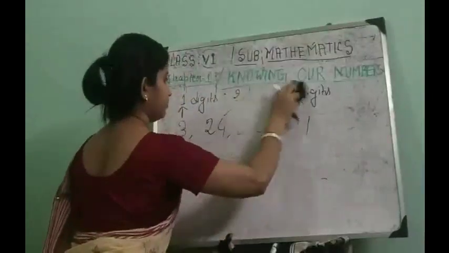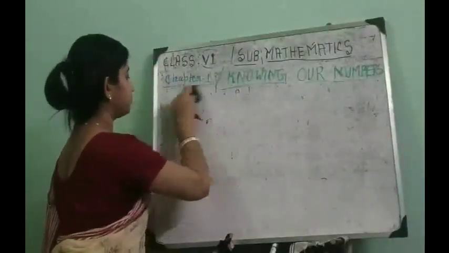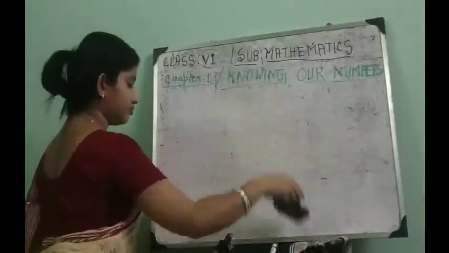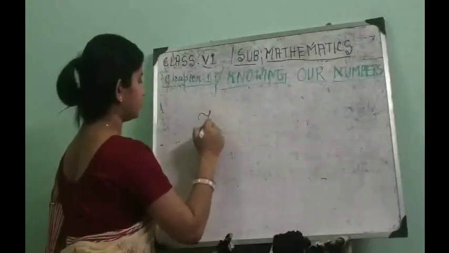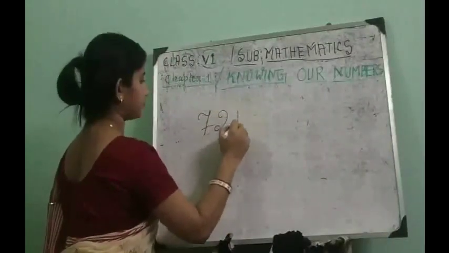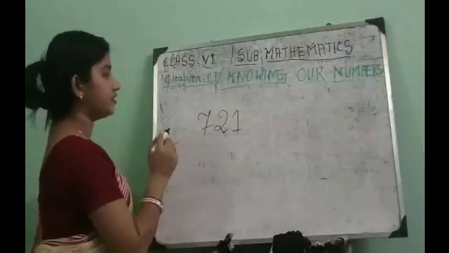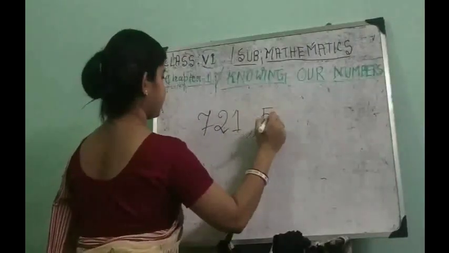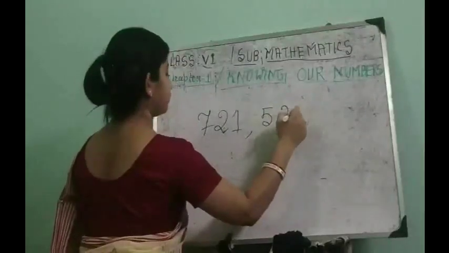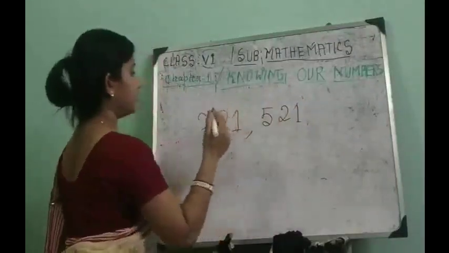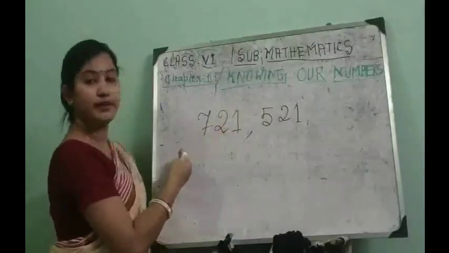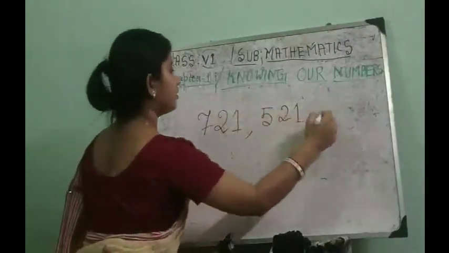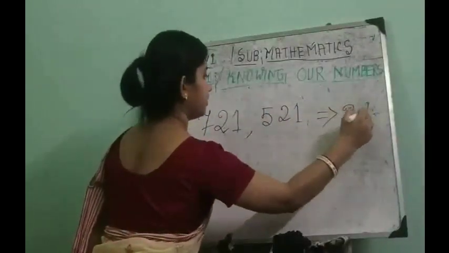Suppose we take 721 and 521. These two are same digits number. 3 digits.